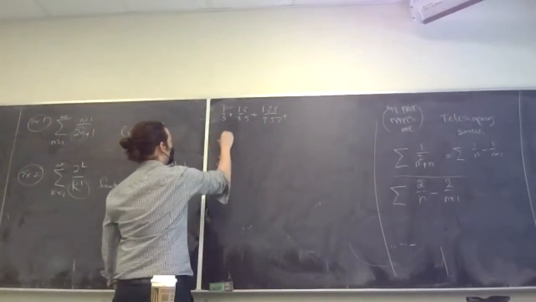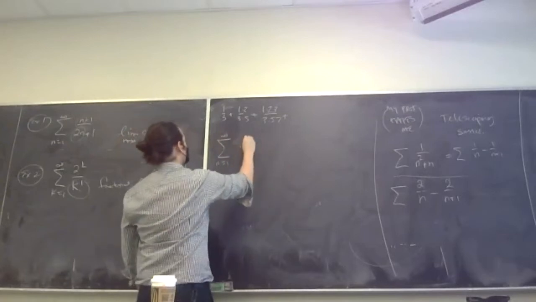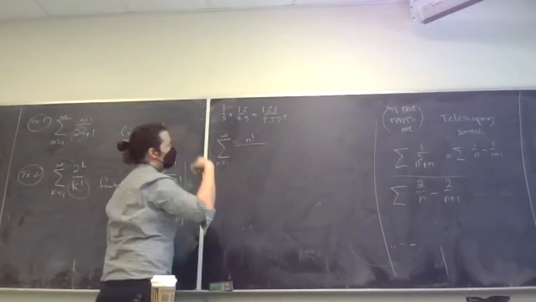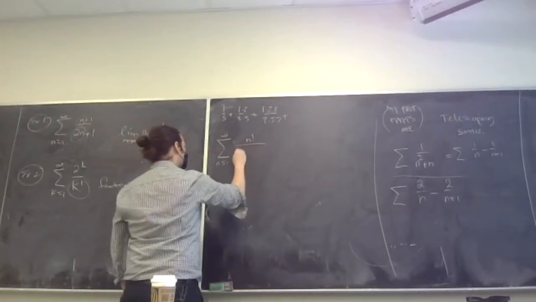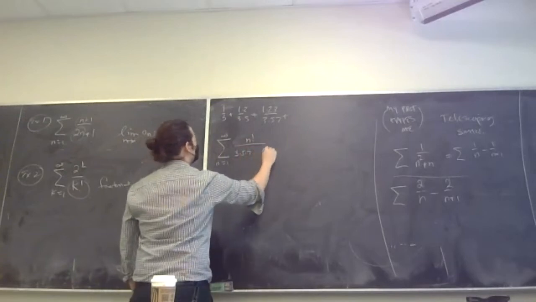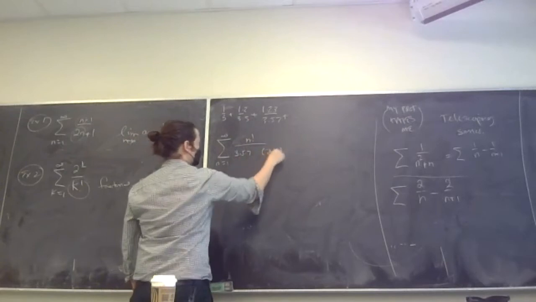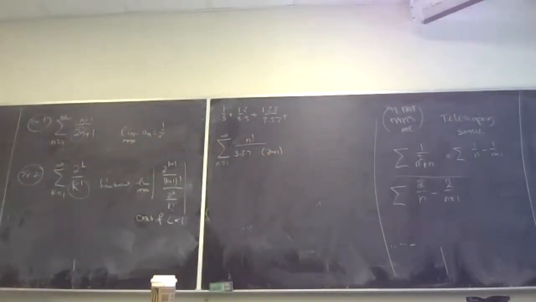N equals 1 to infinity of n factorial on top, and on bottom, you have a pattern that starts at 3, ends at 3n plus 1. That's tricky, right? There's no factorial there.